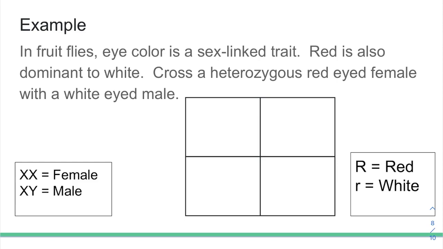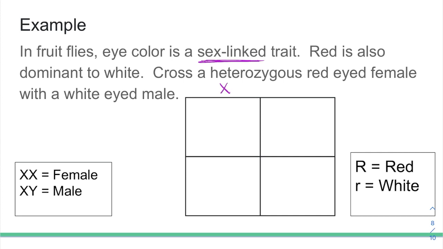So let's do our own example of a Punnett square, and this time let's use big R's and little r's. So it says eye color is a sex-linked trait. So this is going to be our indication that it's on the X chromosome. And it says red eye is dominant to white eyes, and we know that thanks to the scientist Mr. Morgan. So it says cross a heterozygous red-eyed female.